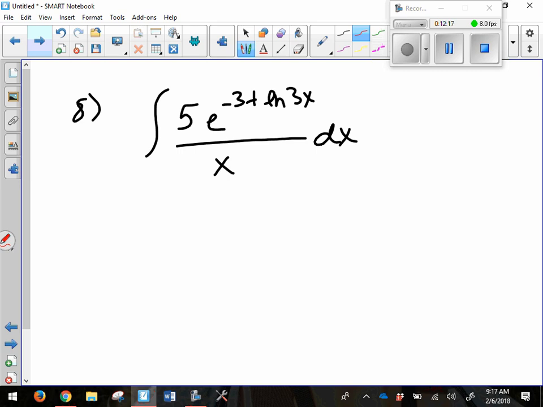So what do you think we should go with here? Remember that one of the purposes behind u substitution is you're trying to make the integral look easier. You're trying to make the integral into something that you can solve by inspection so that you could look at it and go, oh, that's natural log.